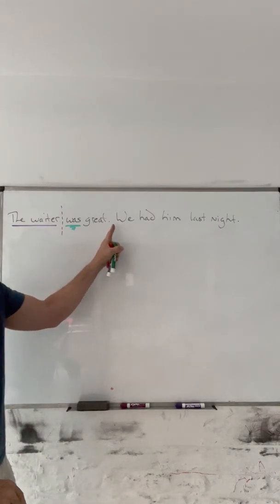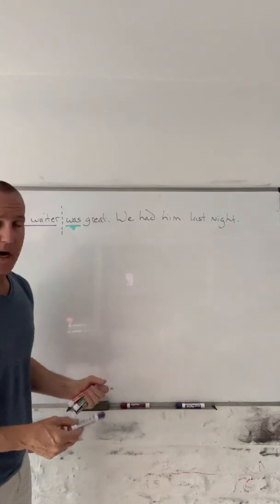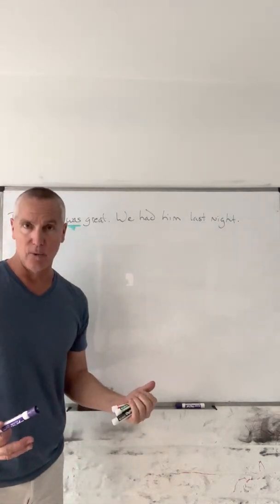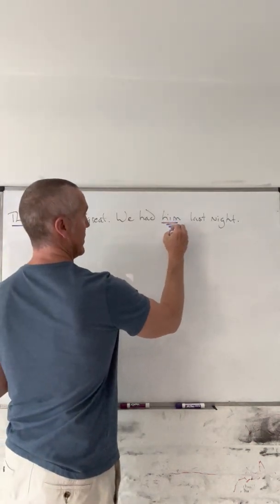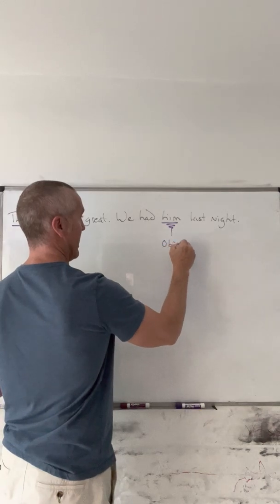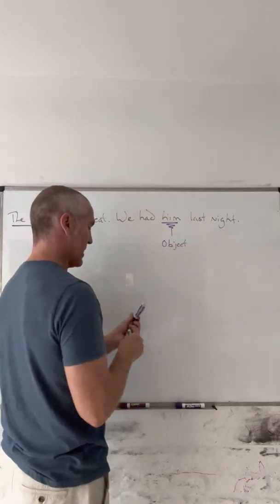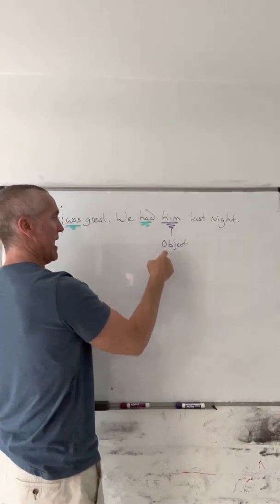Now, the second sentence, we had him last night. Where is the reference to the waiter? Right here, him. And we know that that is an object because it's after the verb. Right there, subject, verb, object.